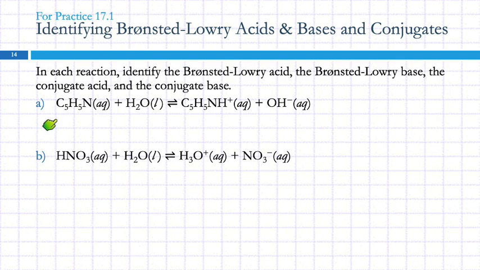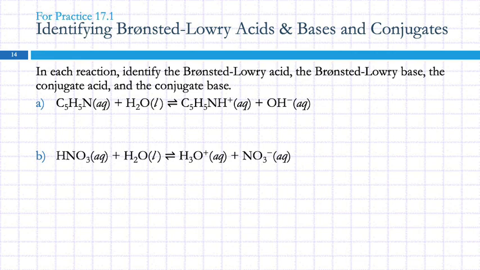So looking at this first chemical reaction here, what we want to do is look at where the hydrogen ion goes. Well, here water had 2 hydrogens, and over here it only has 1. So that means that the water lost a hydrogen ion, right?